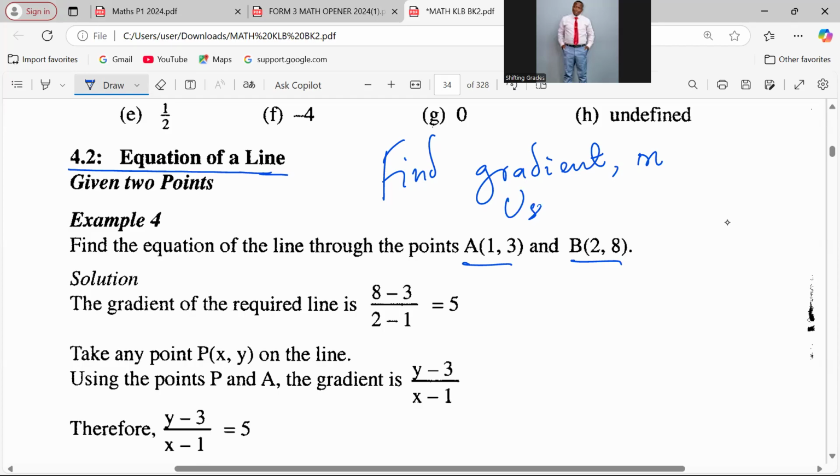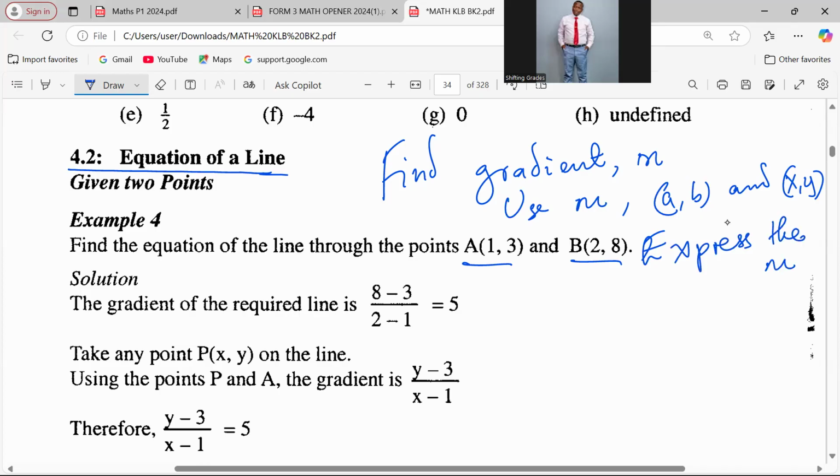Then now use gradient m, one of the provided coordinates, say A, B, and let another coordinate be x, y. Then express the gradient using those coordinates. Through this way, you can even organize the equation in the form y equals mx plus c.